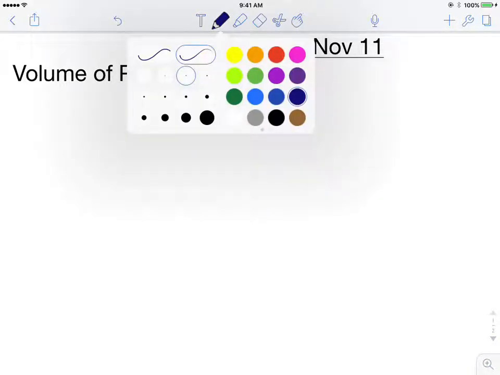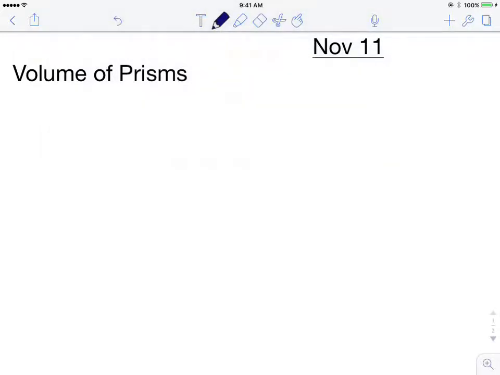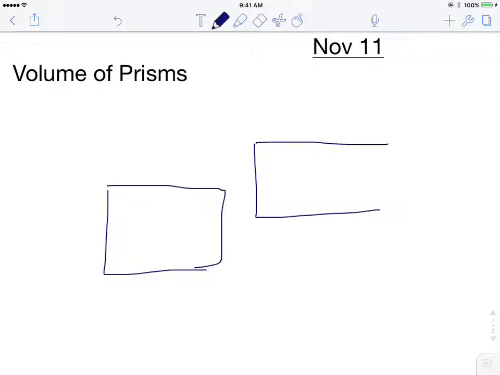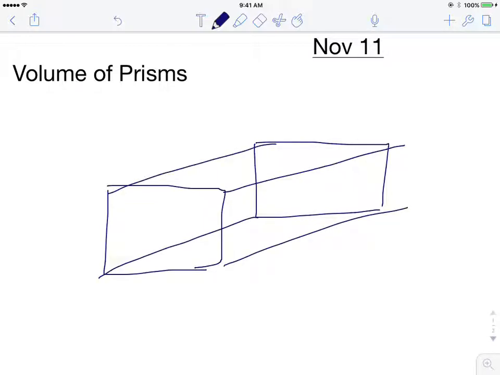A prism is an object that has two sides that are the same. For example, I am drawing a rectangular prism here. It has two rectangles that are the same, and each of these rectangles is connected by other rectangles.